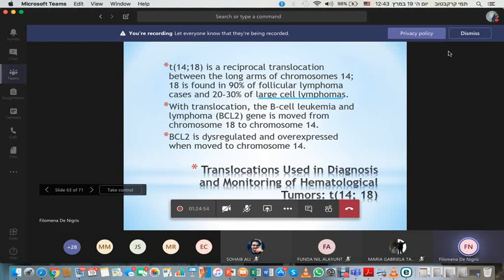And in these cells, what happens? We have an increase of BCL2, an anti-apoptotic gene. So the cells grow continuously, they survive, they don't block, they grow. So we can observe a higher level of lymphocytes because they grow without control.